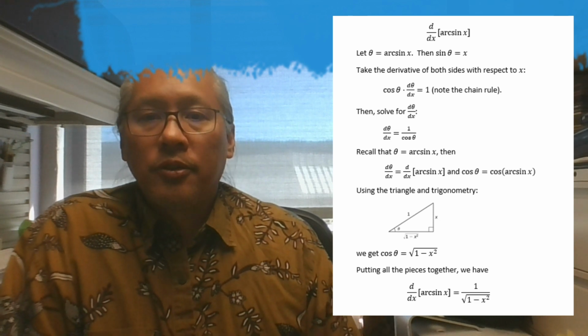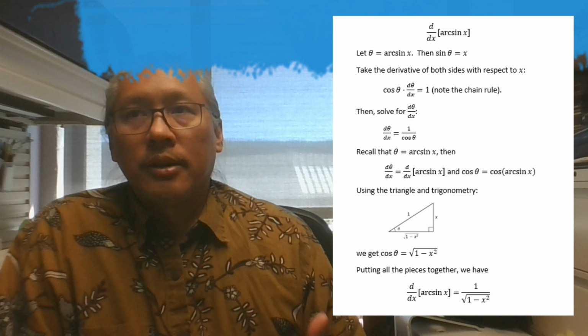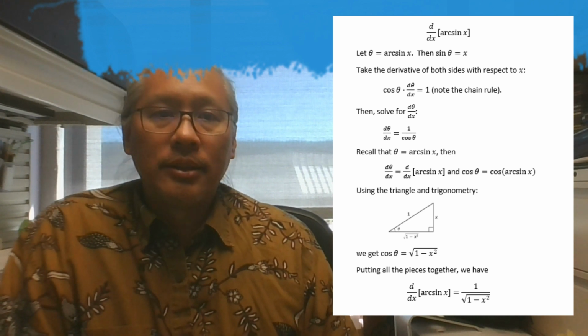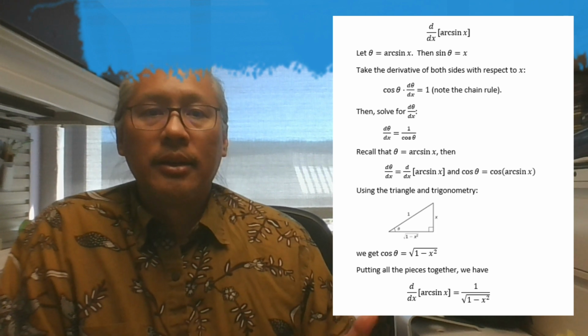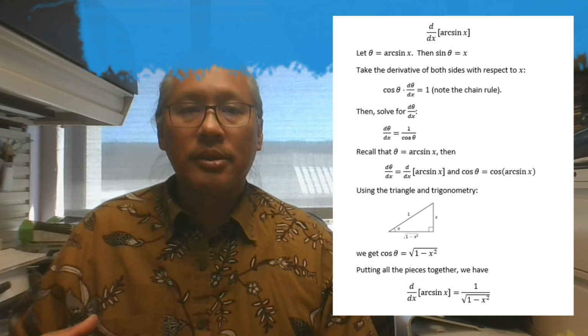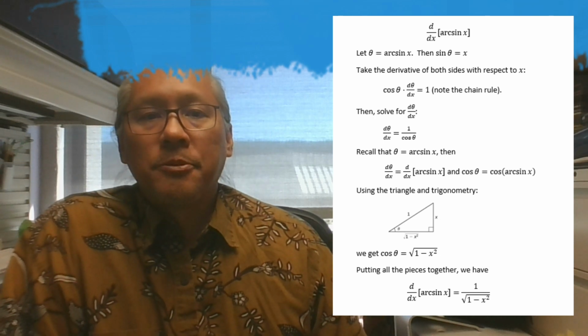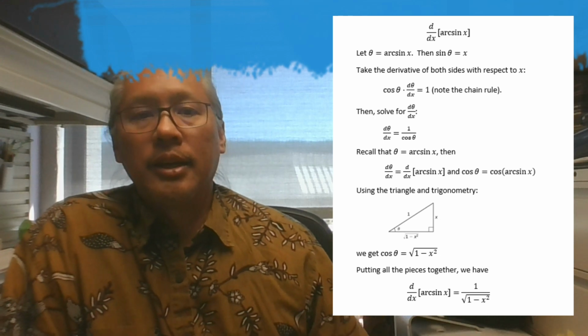Say we're looking for the derivative of the arc sine of x. The arc sine of x should be some angle. Let's call that theta, so that sine of theta is equal to x, or sine of theta is equal to the sine of the arc sine of x, which is equal to x, because arc sine is the inverse of the sine.